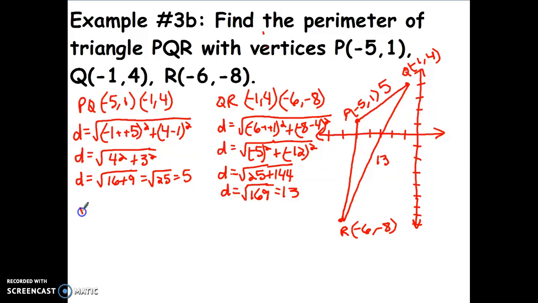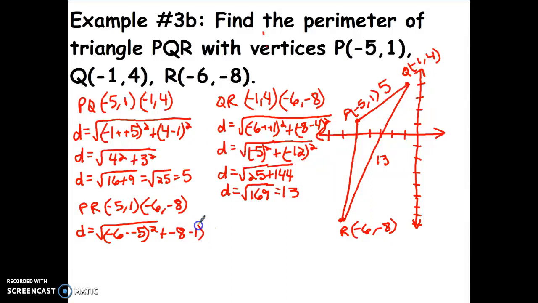We're almost there. We got one more to do. PR, and that is -5, 1, and -6, -8. All right, so -6 minus -5 squared plus -8 minus 1 squared. d equals -1 squared, and then this will be -9 squared.